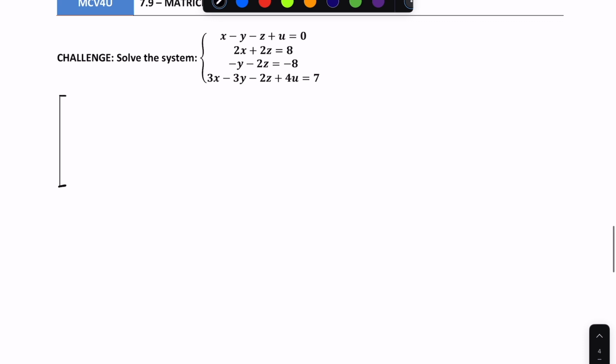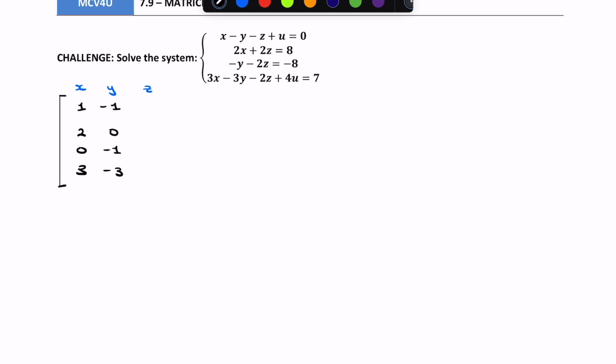So here for the first column will be our x values, our coefficients for our x values. So 1, 2, 0, and 3. So this will be x. For y, that would be -1, 0, -1, and -3. So that would be for y.